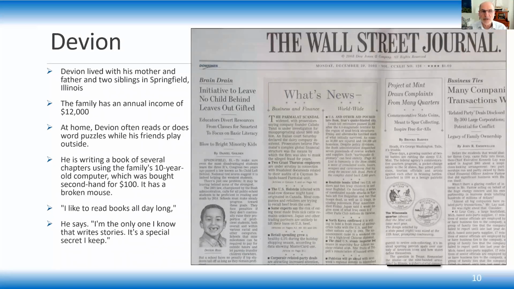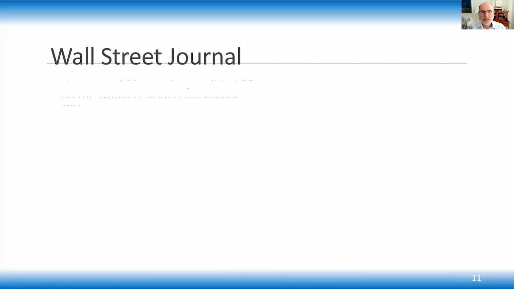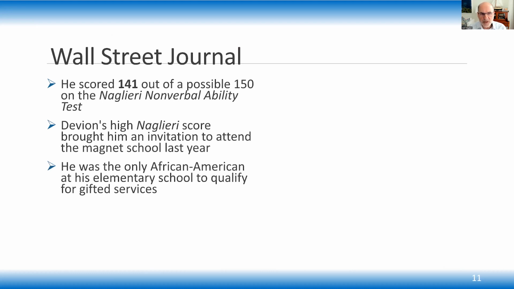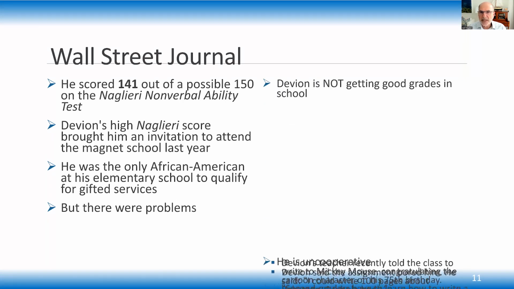He likes to write and read, but he doesn't like to tell anybody about it. In school, he's not doing well. He's the only African-American student to qualify, but he's not getting good grades.